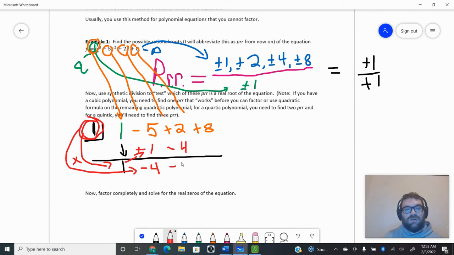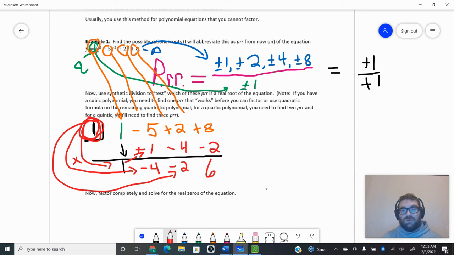Well, that's going to be negative 2. And then what's 1 times negative 2? Well, that's negative 2. What's 8 minus 2? That is 6. So we're done with our synthetic division. So here's what we need to check. The last number here you're checking, is this 0?